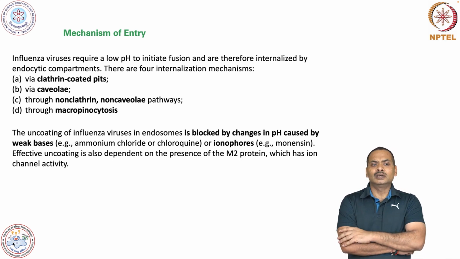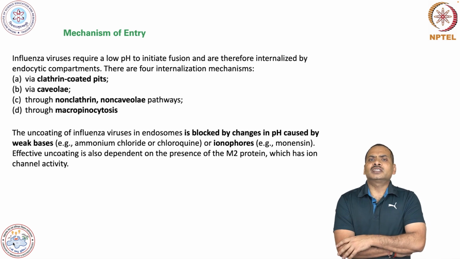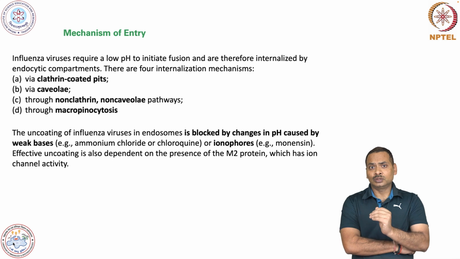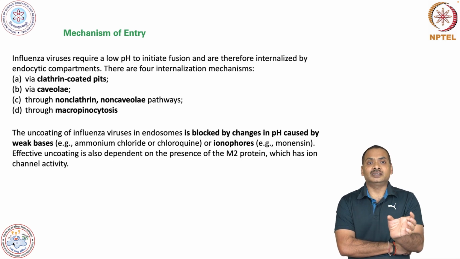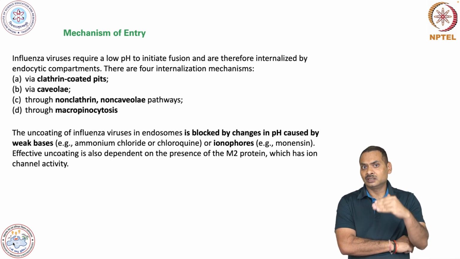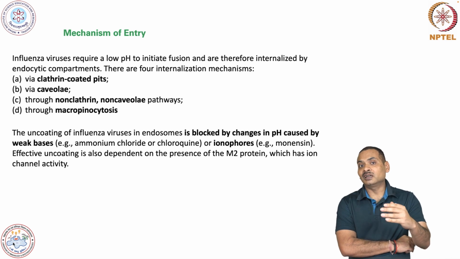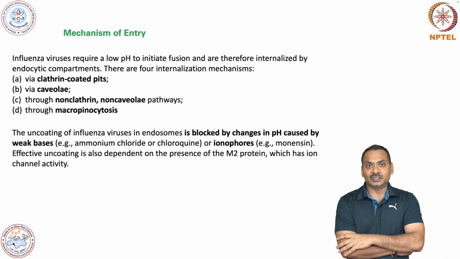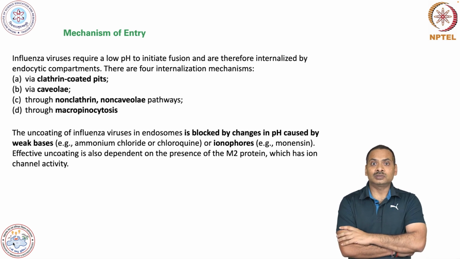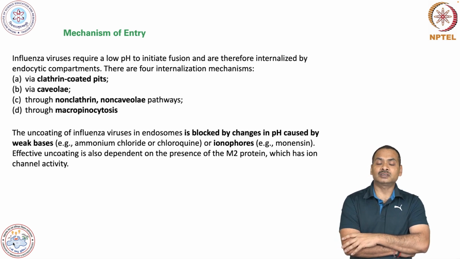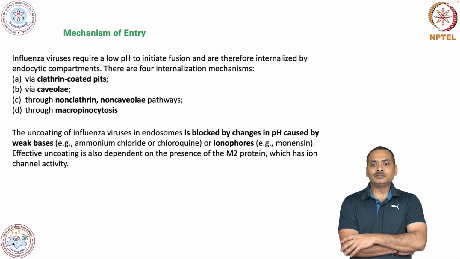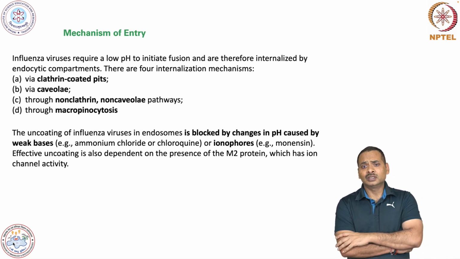You can also treat the cells with chloroquine. That will also make the inner endosomal content alkaline. So, in that way you can block the infection. Chloroquine can also effectively block this release of RNP. There are also some ionophores.